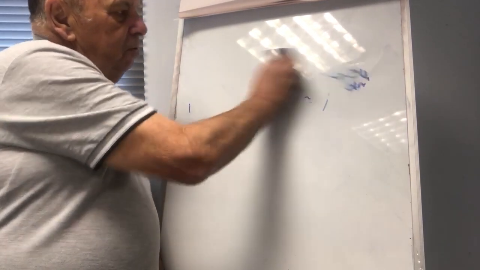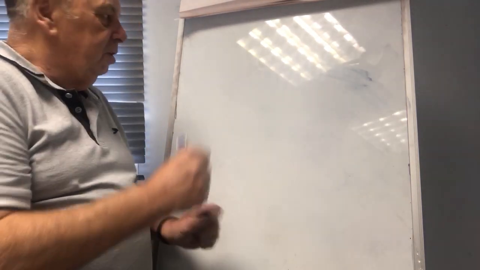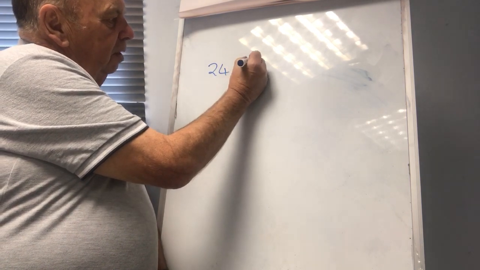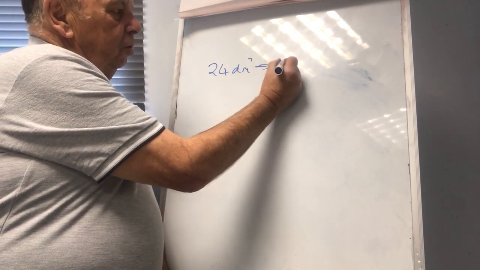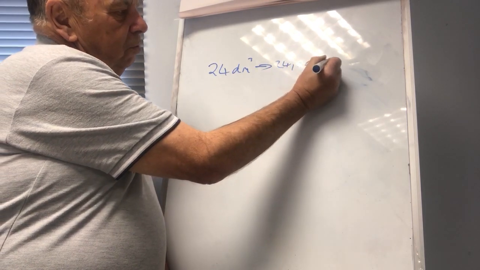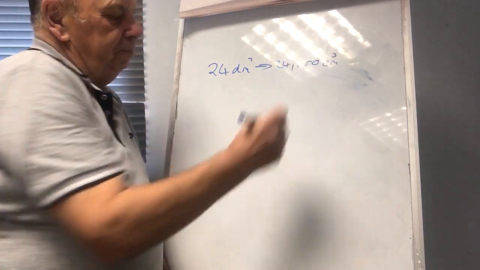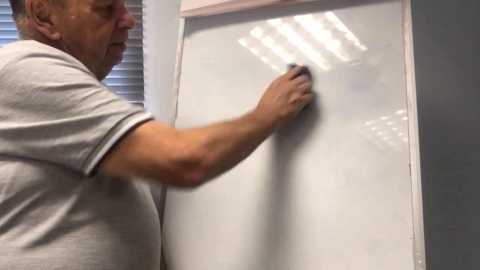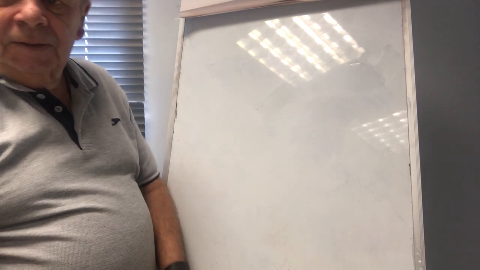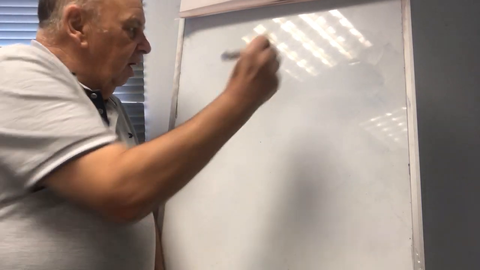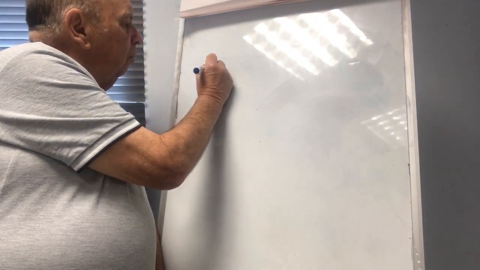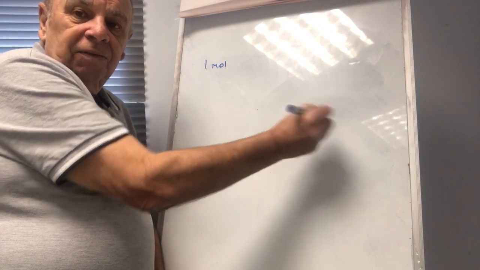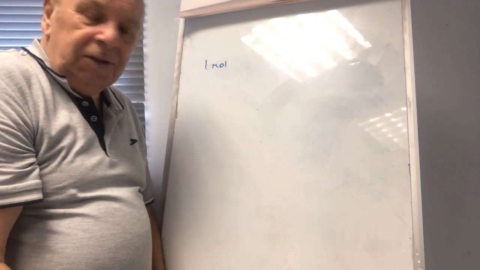Just to remind you, how much is 24 dm cubed? It is equivalent to 24,000 cm cubed. Right. Let's look at an example. I've said 1 mole of a gas occupies the same volume, which is 24 dm cubed.